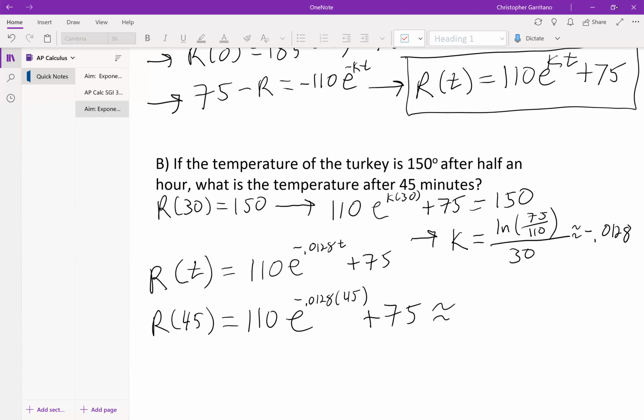And you should get something around 136.929 degrees. If you're getting something slightly different, that's fine. There's going to be some pretty serious rounding errors depending on how many decimal points you use. That's why I do suggest for k going to no fewer than 4 decimal places.